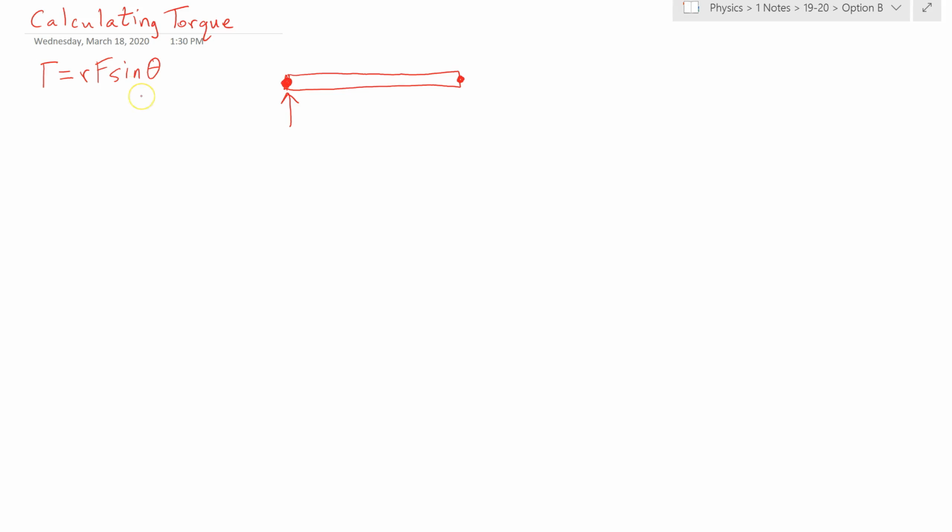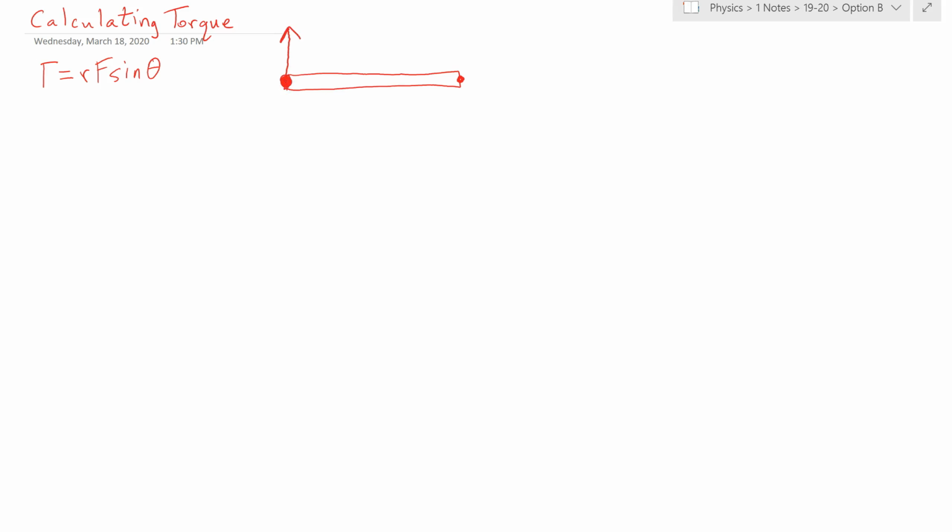To use this formula, I find it easy to imagine, instead of it pushing the door, think about that force pulling the door so that the tail is being applied to the object.